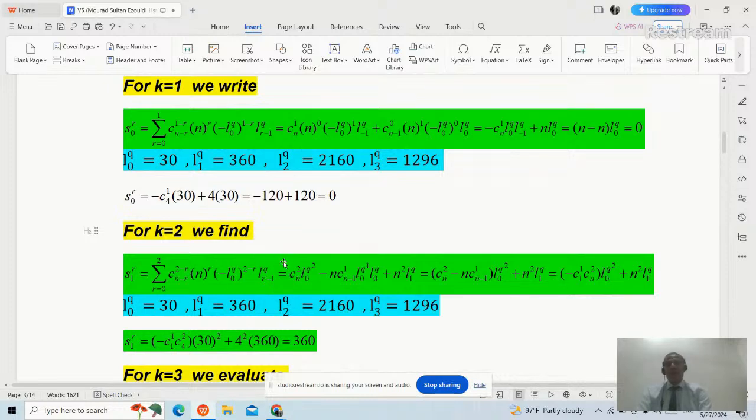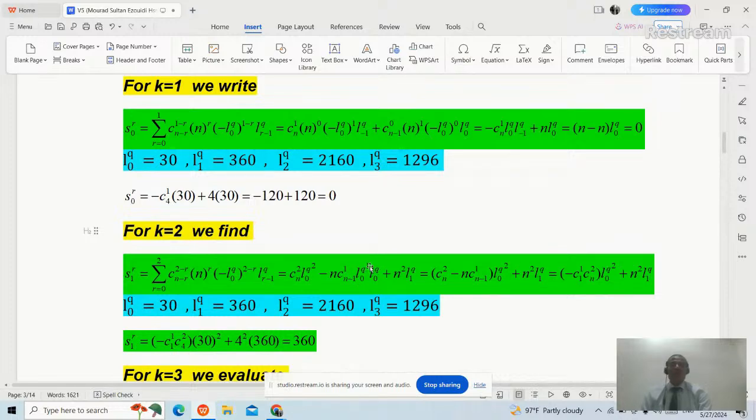After distributing here in this discriminant formula, you will get that S1 is the combination n choose 2, L0 of the q raised to the power 2, minus n, combination n minus 1 choose 1, times L0 of the q times L0 of the q.